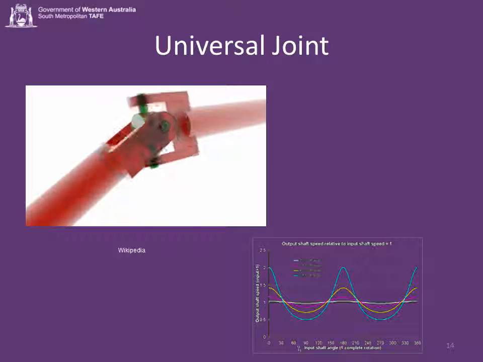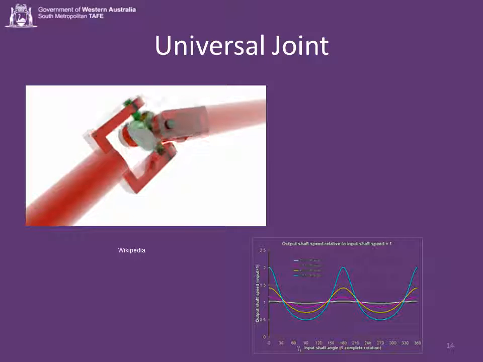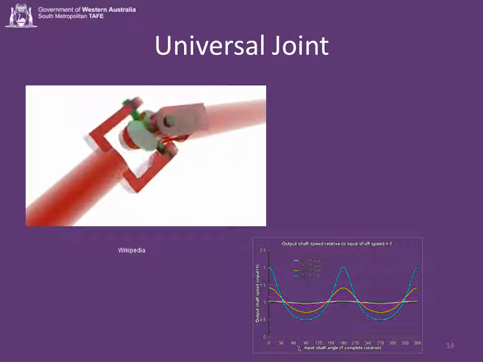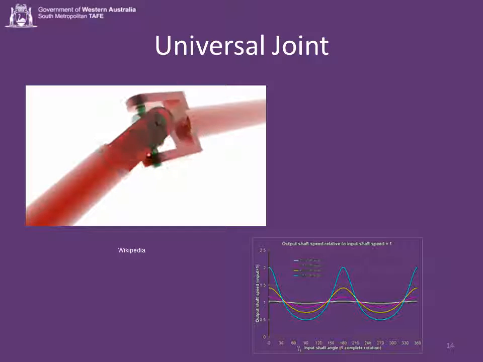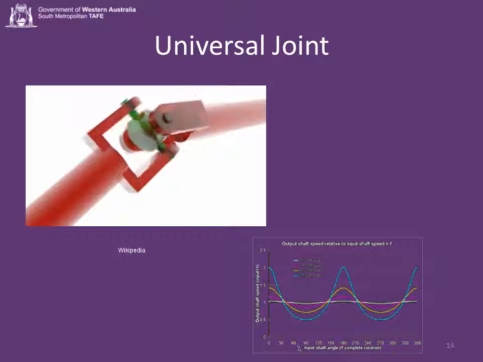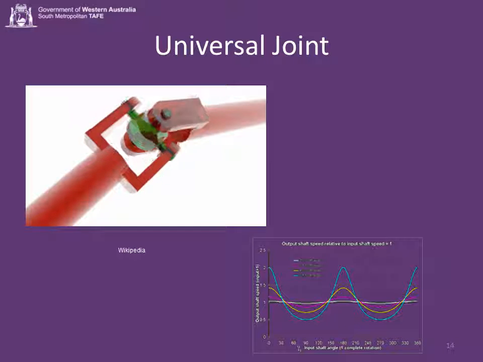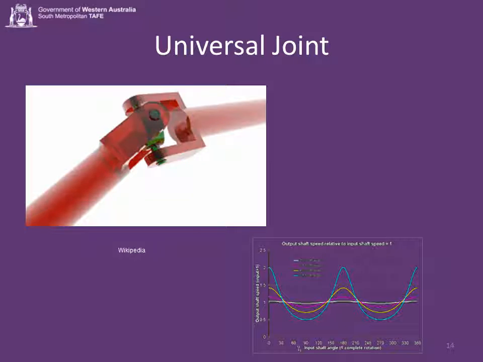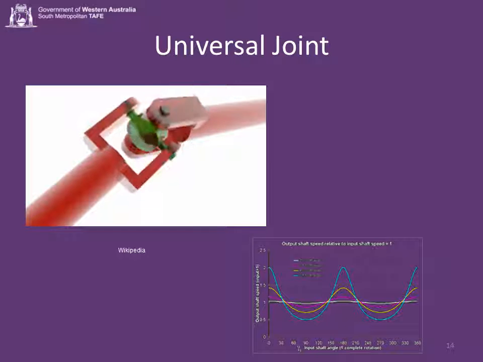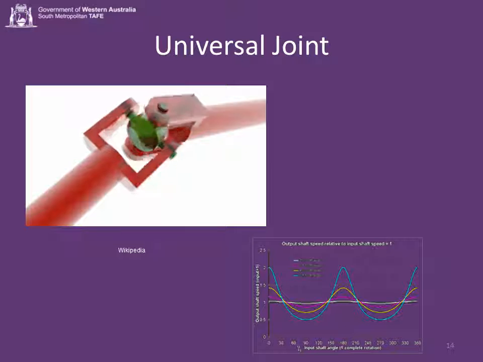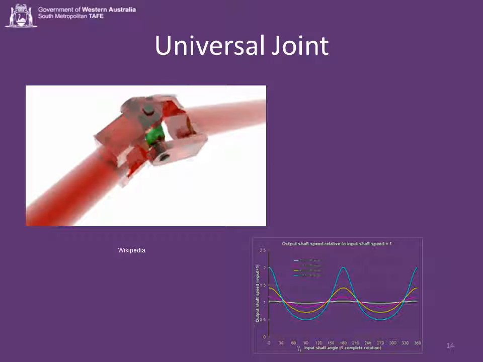It consists of a pair of hinges located close together, orientated at 90 degrees to each other, connected by a cross shaft. The universal joint is not a constant velocity joint, but tends to pulse twice a revolution. This pulsing of the torque increases as the misalignment of the shafts increases.